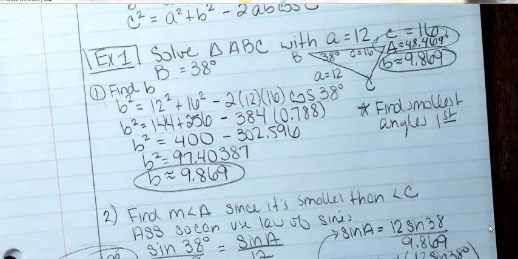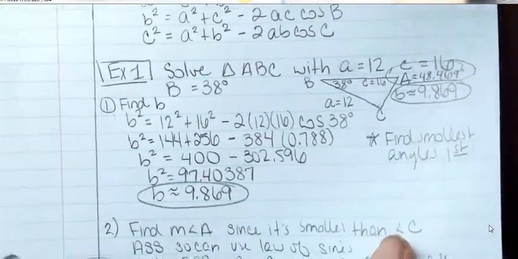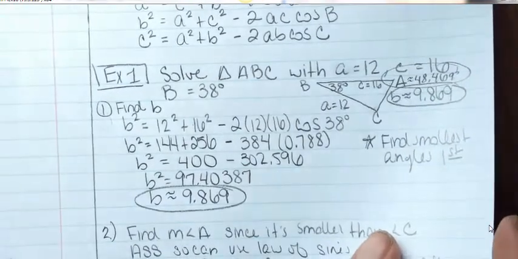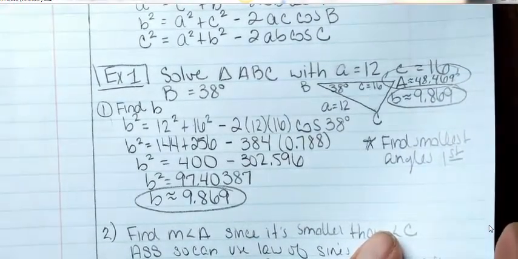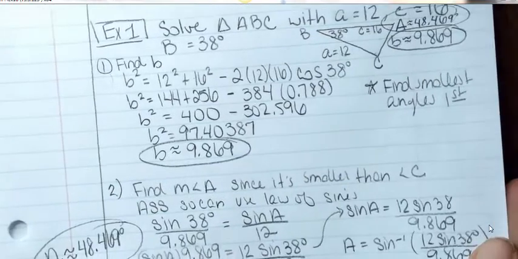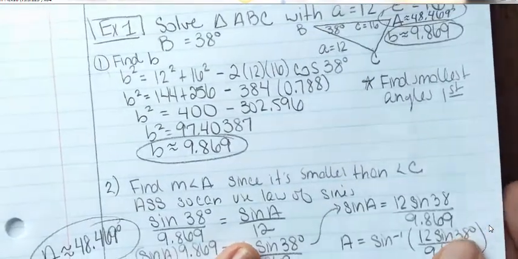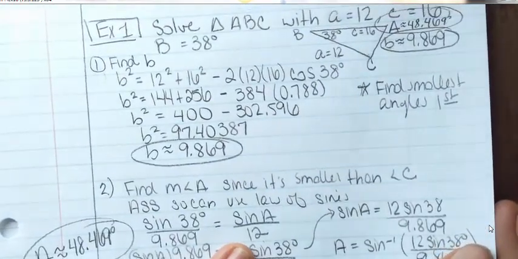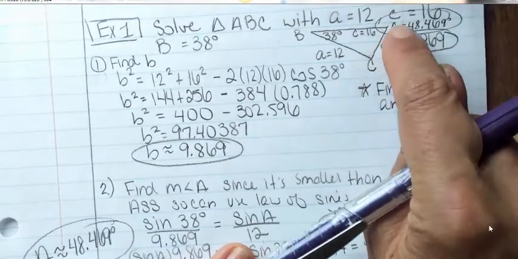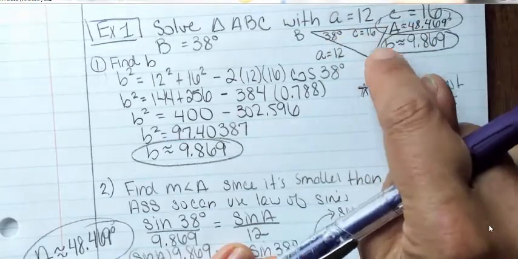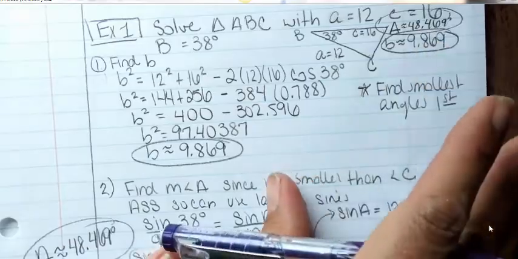And from there, I think the last thing I have to do is find angle C. So I can do that really quickly by just subtracting. I'm out of room though. I'm going to have to go on the back. So I'm going to find the measure of angle C by basically saying, well, I have my other two angles, so I'll add those up and subtract them from 180.